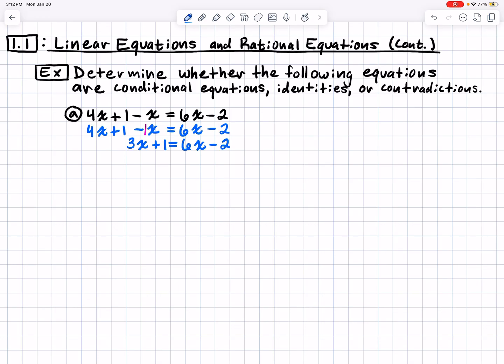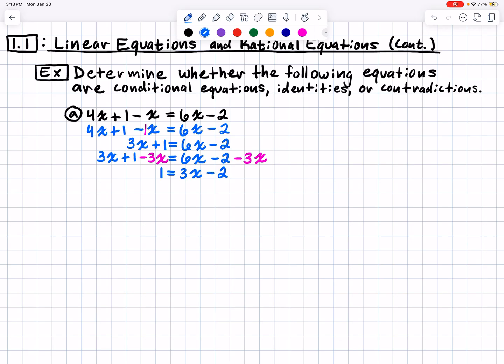So I'm going to go 3x plus 1 minus 3x, equals 6x minus 2 minus 3x. So that will give us on the left-hand side just 1. And on the right-hand side, that will give us 3x minus 2.